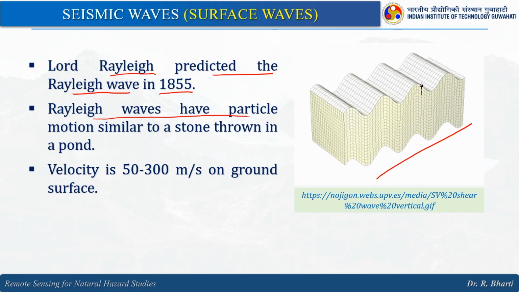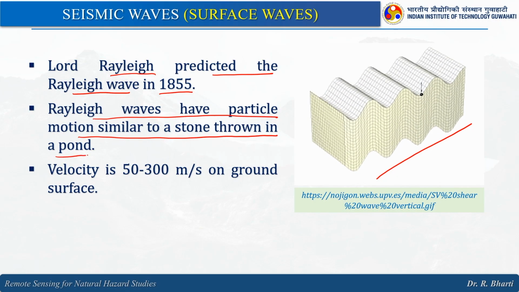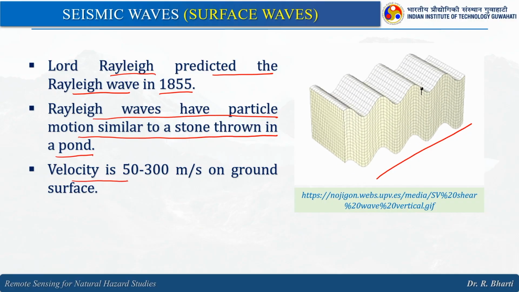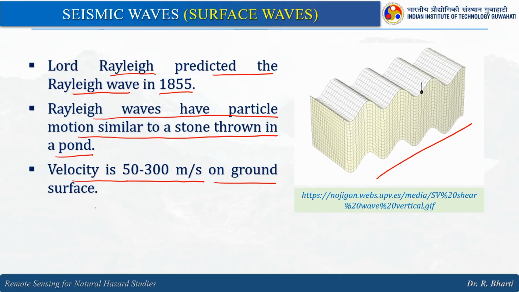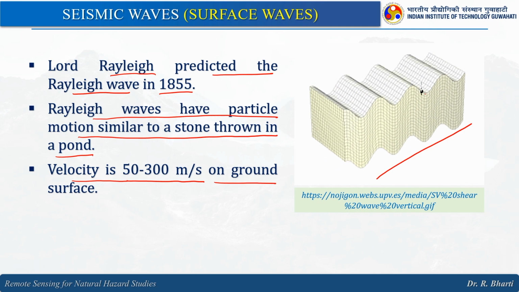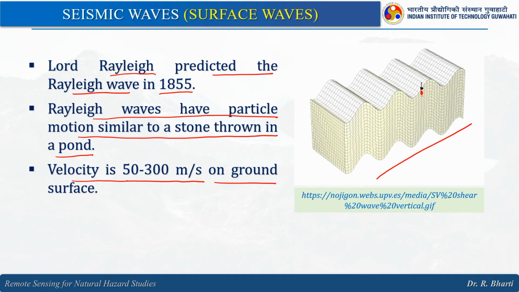Rayleigh waves have particle motion similar to a stone thrown in a pond. Velocity is 50 to 300 meters per second on the ground surface. So, here you can see if I keep a target here, how it will be shaking.